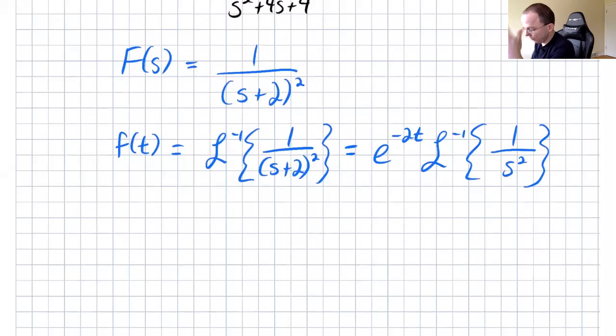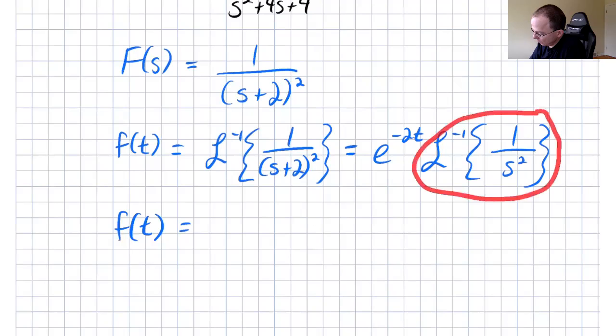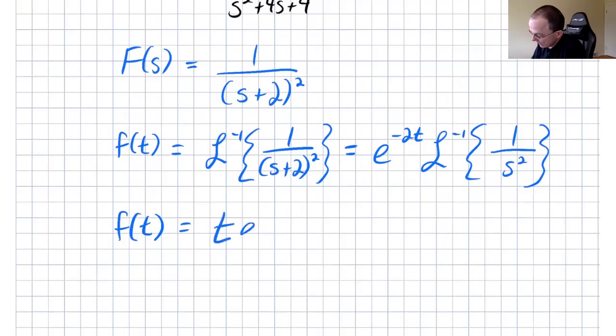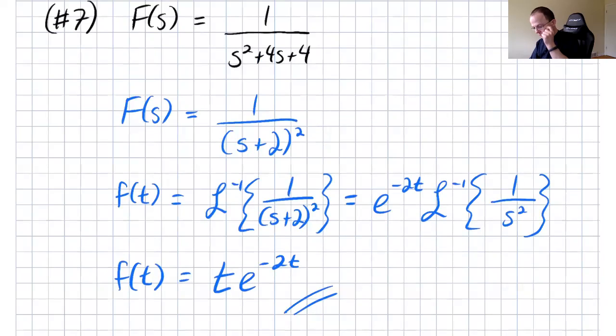And we know from before that that is equal to t. So therefore, f of t is equal to t. So we get that the inverse Laplace transform is t e to the minus 2t. So that's our answer.